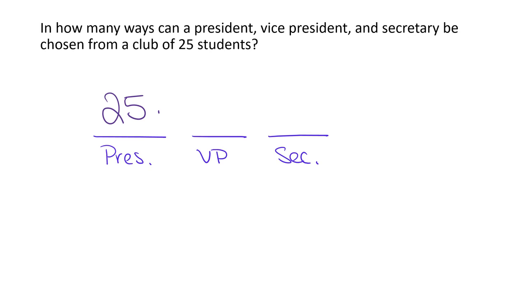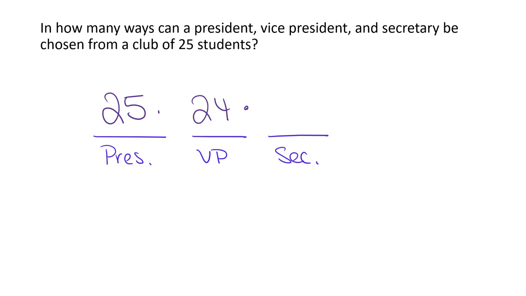We can pick any of the 25 students. But when we move on to vice president, we have to pick someone different. We can't repeat people, right? If I choose Anne to be president, she can't also be vice president. We've already picked our president. So for vice president, we only have 24 choices.